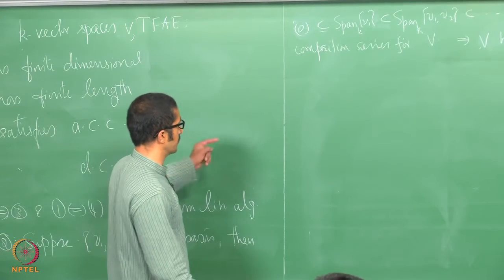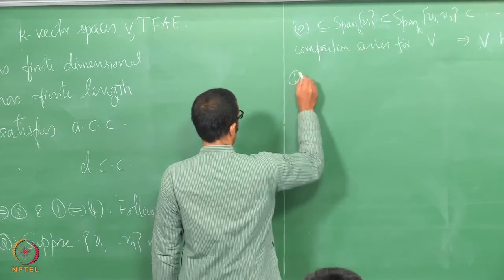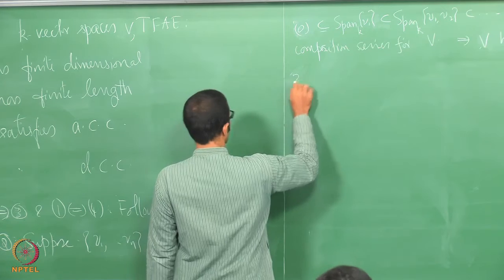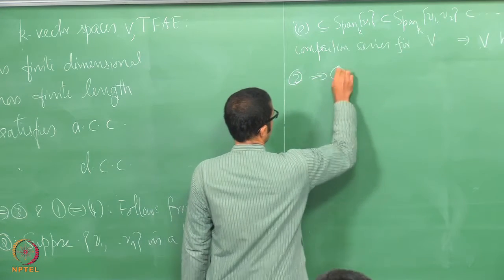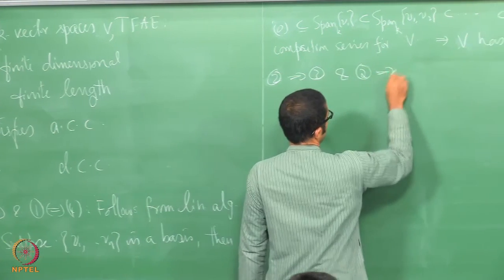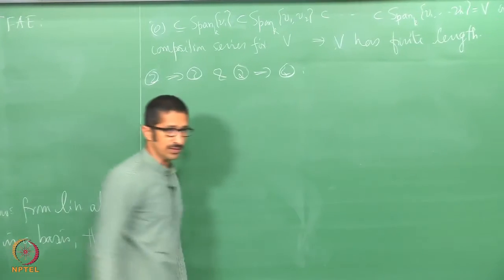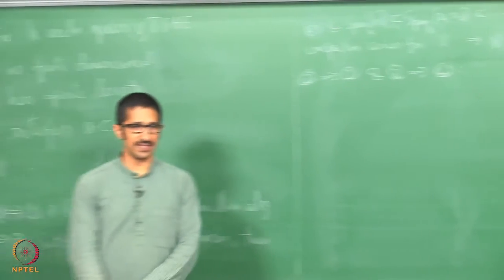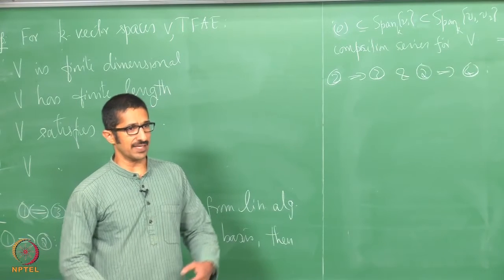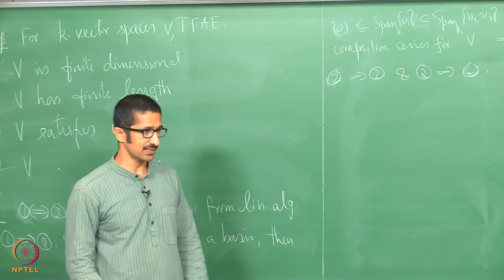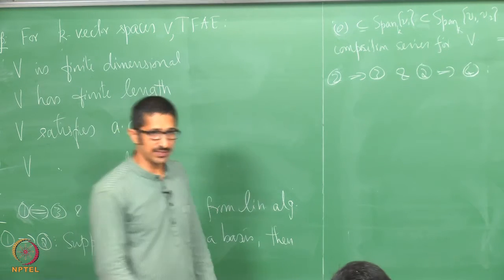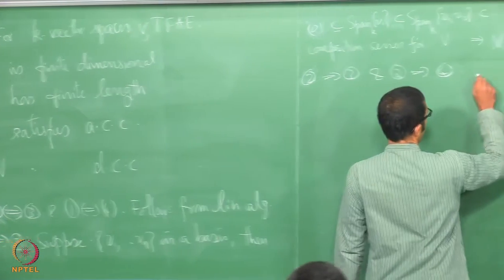And we have already proved that 2 implies 3 and 2 implies 4, because a module has finite length if and only if it satisfies both ACC and DCC. So 2 implies 3 and 2 implies 4 is already proved.